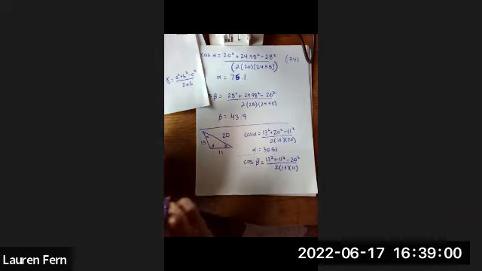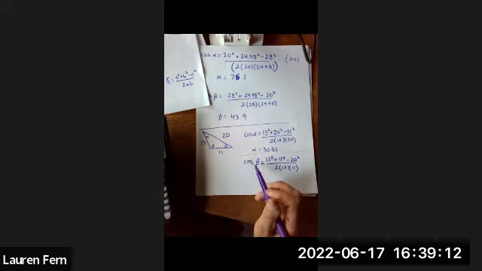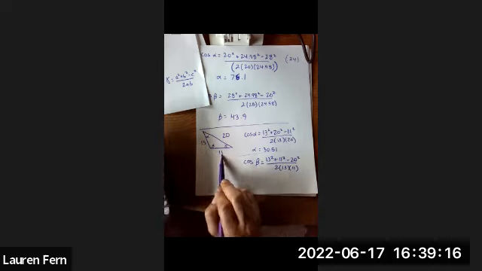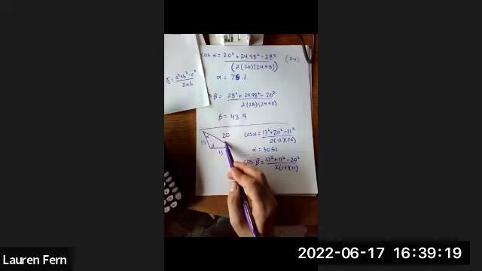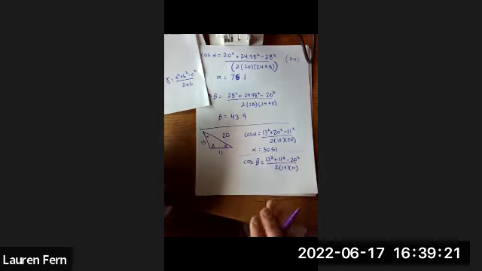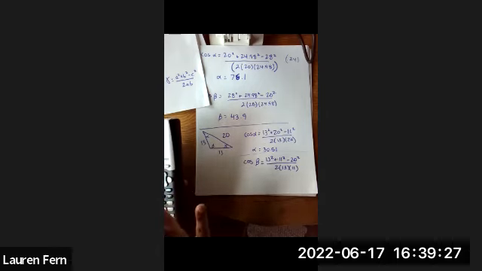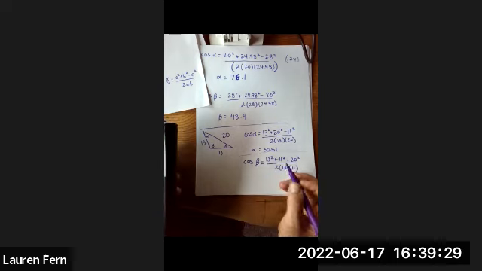So now I'm going to do 13 squared plus 11 squared minus 20 squared, and I'm going to divide that by 2 times 13 times 11.